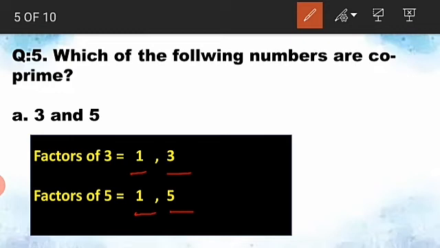So class, here the common factor is only 1. So are 3 and 5 co-prime numbers? Yes, tell me. Yes, 3 and 5 are co-prime numbers. Clear?